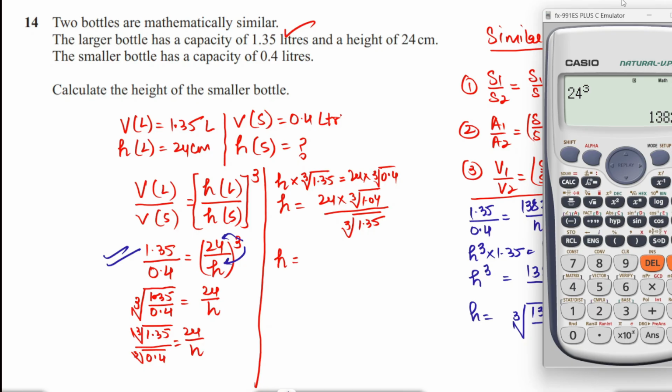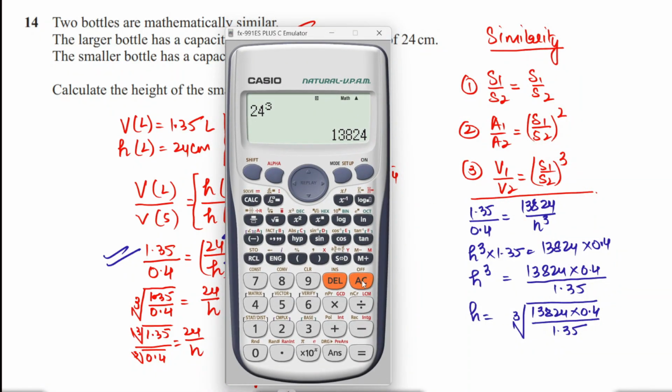Okay, so I'm gonna solve this cube root. So we're gonna take the cube root function first. This is the function here. So this is 3, and inside we have a fraction.